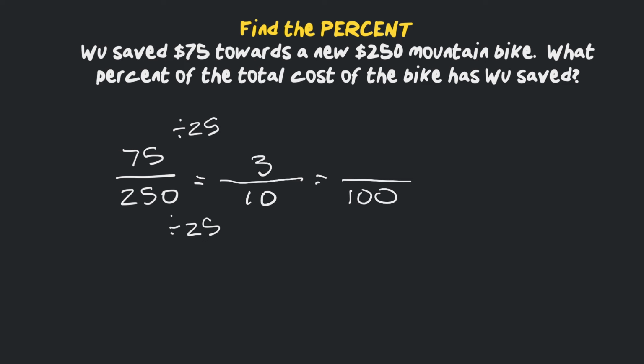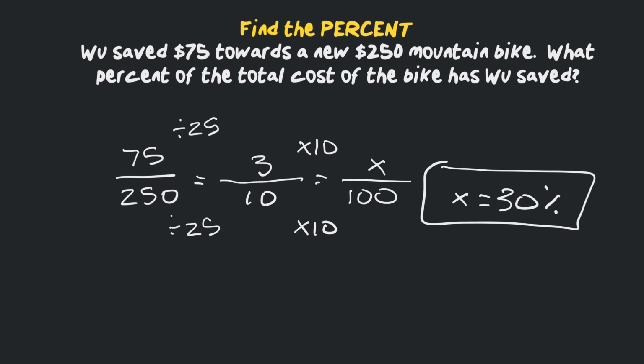Then it gets pretty easy: times 10, times 10, and my little x would be 30. What percent? 30%. Boom, there we go.